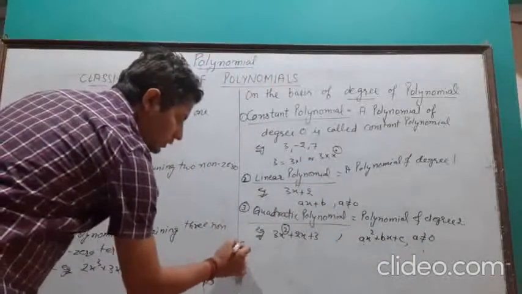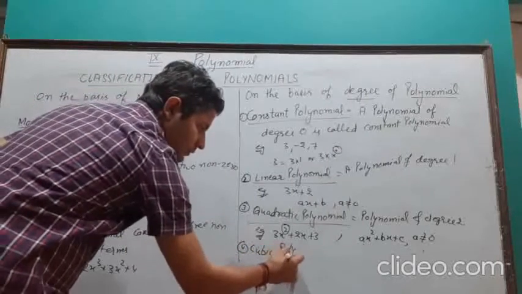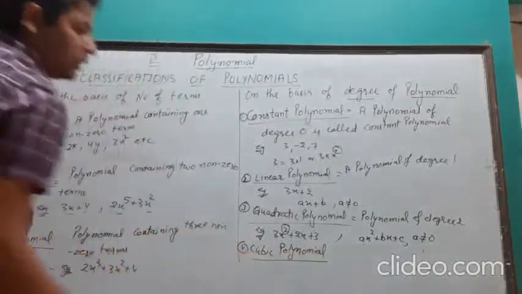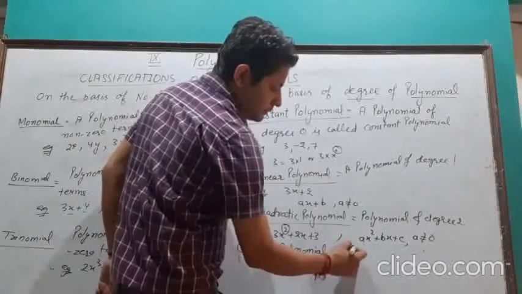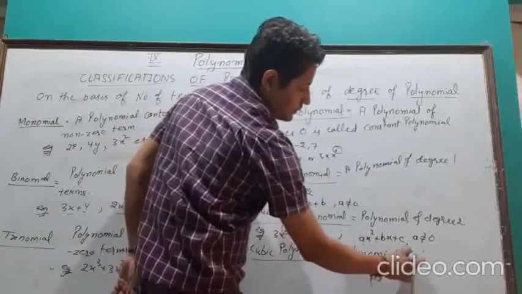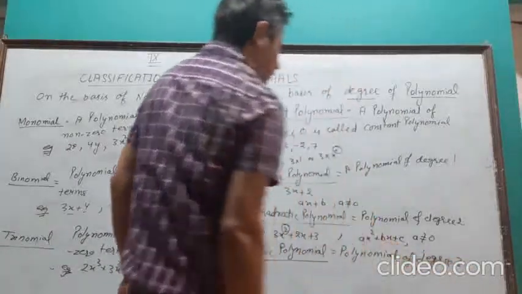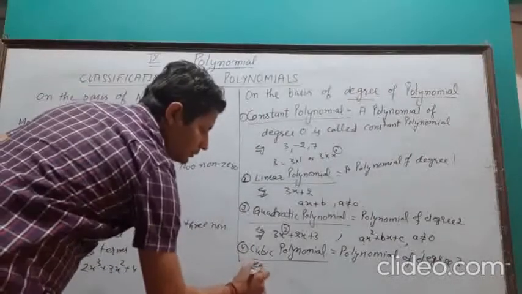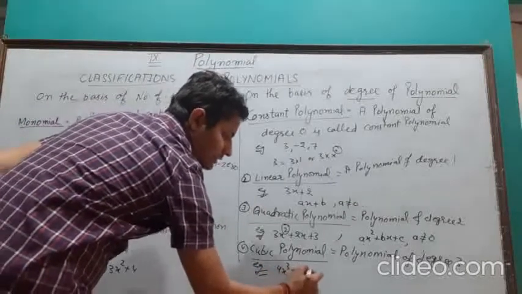Fourth one is cubic polynomial. A polynomial of degree 3 is called cubic polynomial. Example, 4x cube plus 3x square.